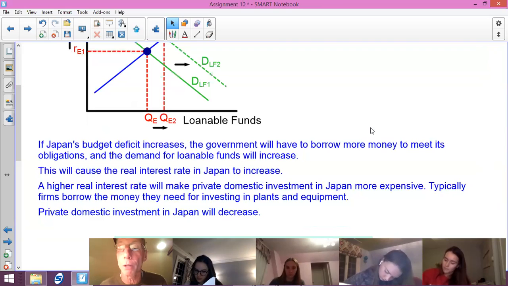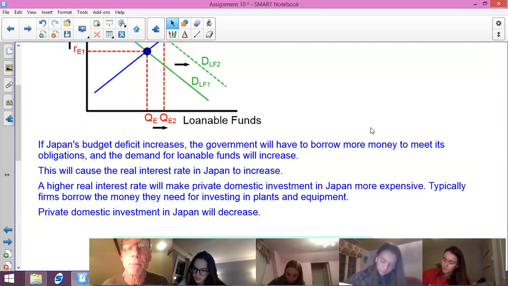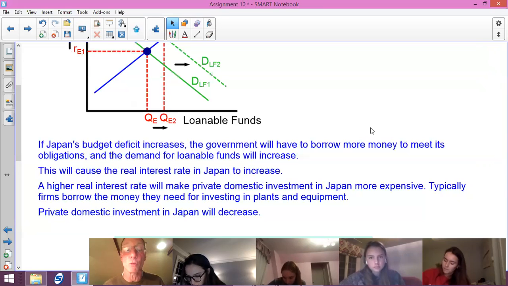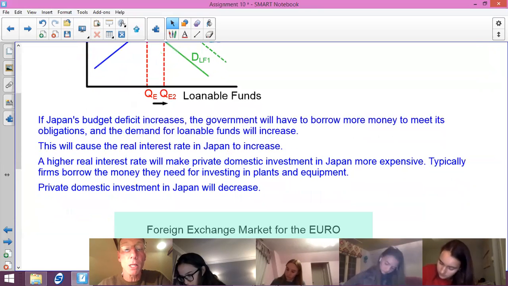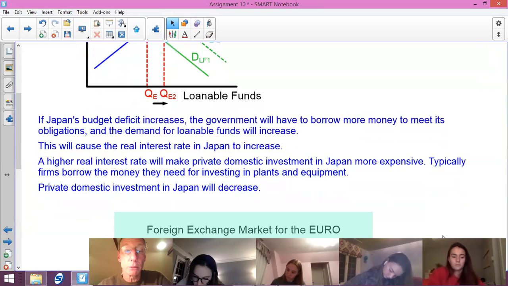They're going to borrow the money. So if interest rates go up, domestic investment in Japan becomes more expensive and will go down. So domestic investment in Japan will likely decrease as a result of the government budget deficit growing. Okay. So that answers that one.